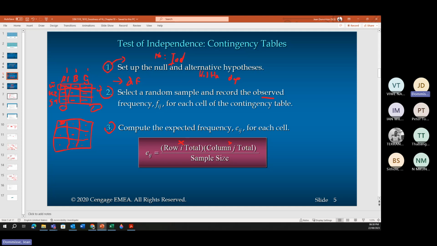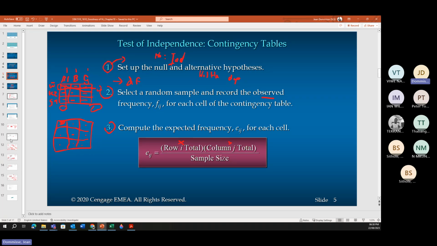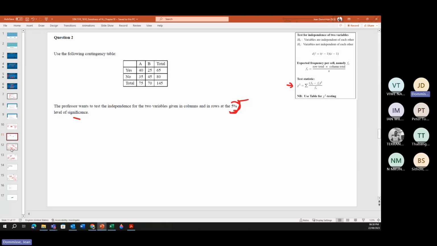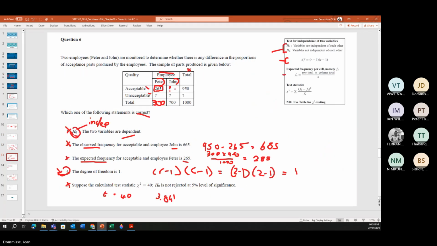Then we look at the observed values. They need to give that to you, or they need to give you enough information that you can work it out. Like that table that had empty cells, but they gave you enough to work out some of those empty cells.